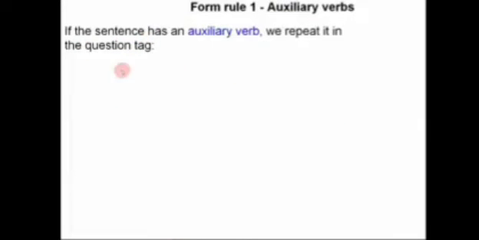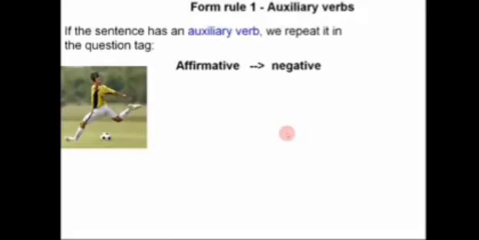The first one is auxiliary verbs. If the sentence has an auxiliary verb, repeat it in the question tag. If the statement contains an auxiliary verb, make sure that it is repeated in the question tag. Look at this example. Mark can play football, can't he?